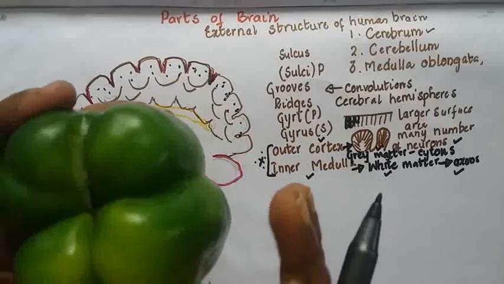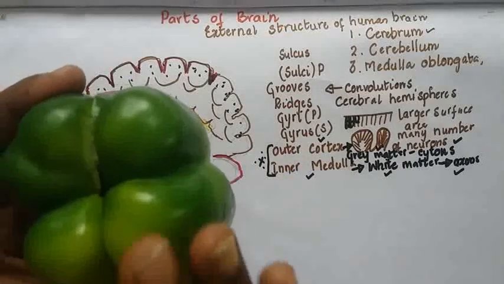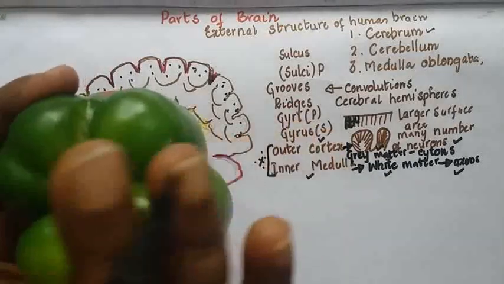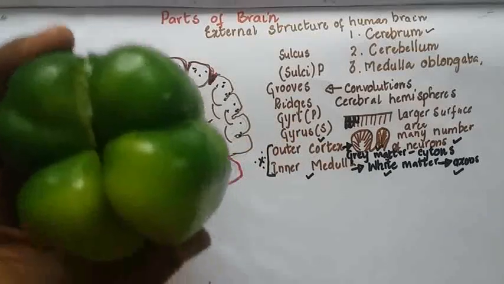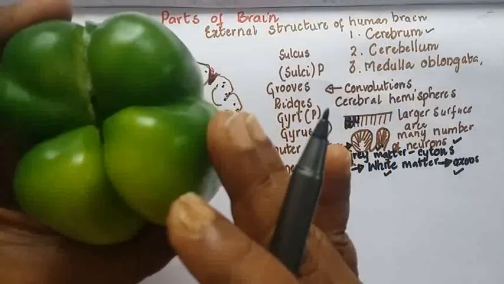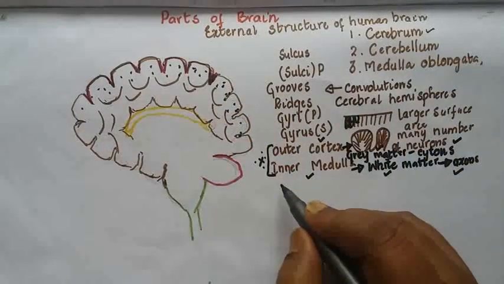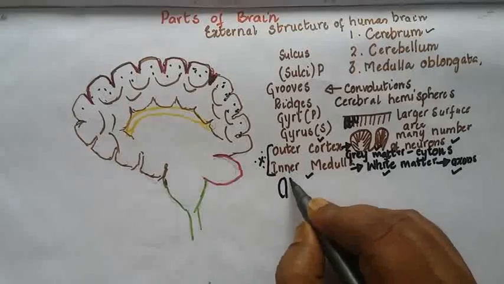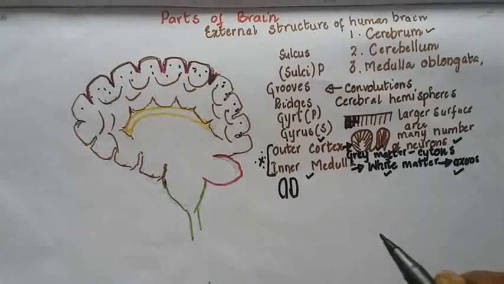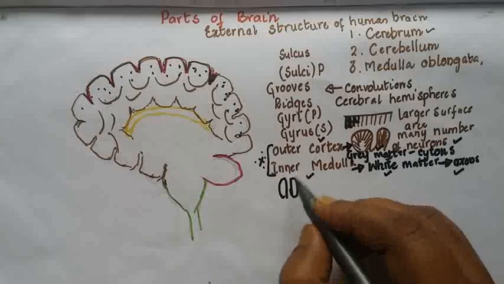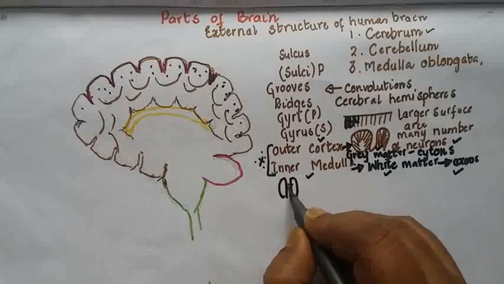Whatever impulses are conducted to the right side are passed to the left side, or from the left side to the right side. The 2 cerebral hemispheres are connected to each other by a special set of nerve fibers.